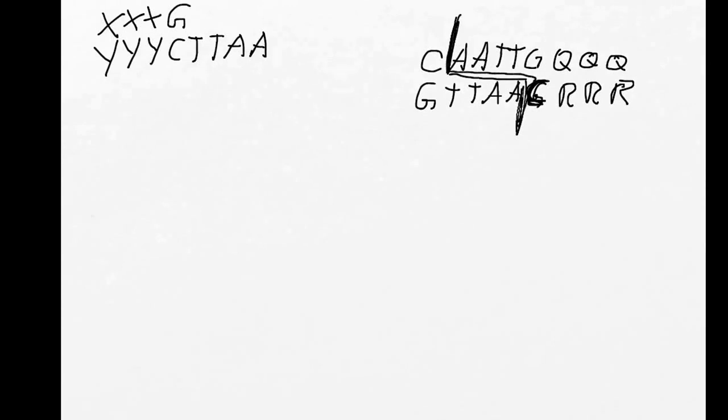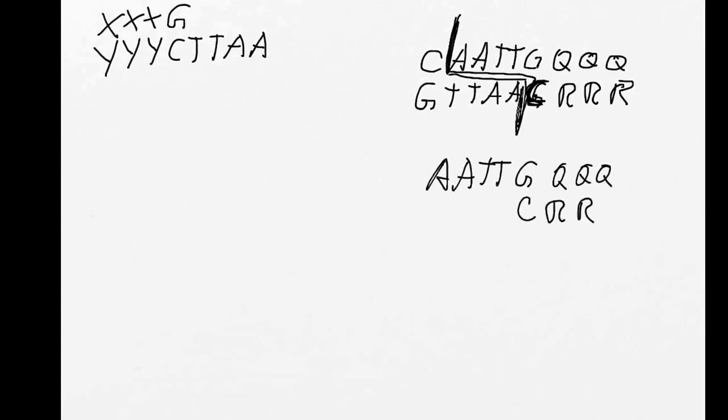And what do we get? So we get A, T, T, G, Q, Q, Q, and we have then a C, R, R, R. So that is the sequence that we get when we cut with this particular enzyme.